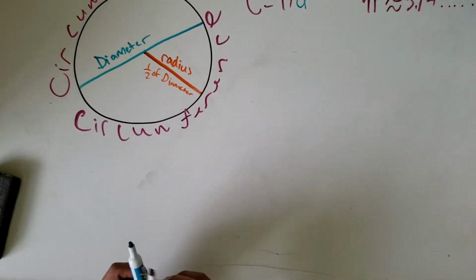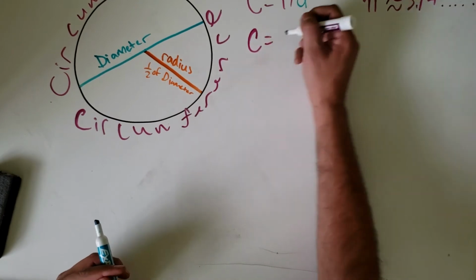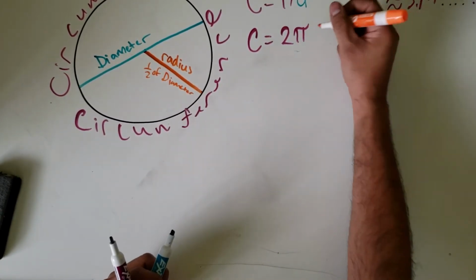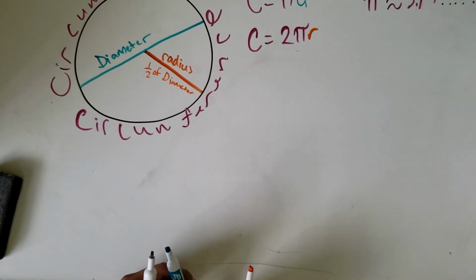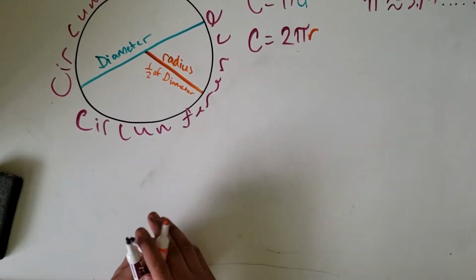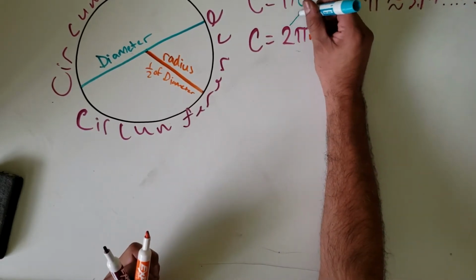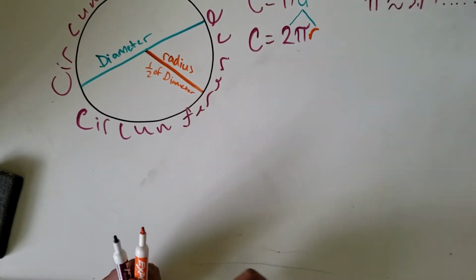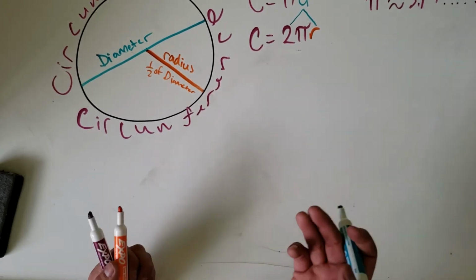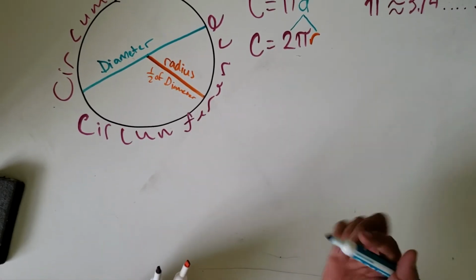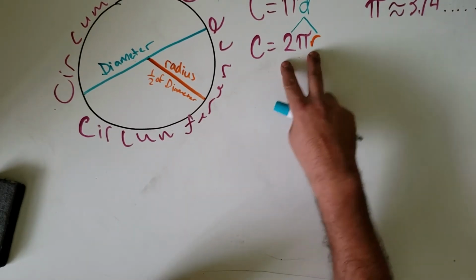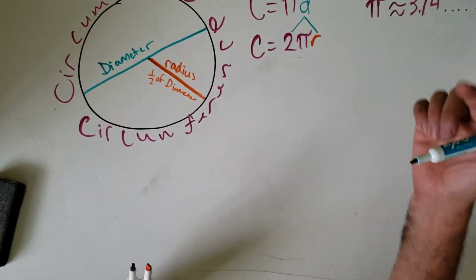And then there was another formula where C equals 2 pi r, so 2 times pi times the radius. But just remember that 2 times the radius is the same thing as your diameter. So in other words, these 2 formulas are exactly the same. One gives you a radius, so you have to double it, and one gives you the diameter, so you just use it.